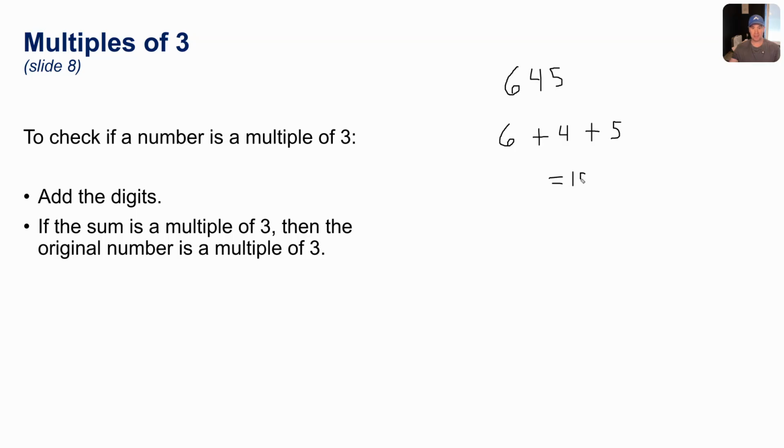Now 15 is much easier to determine. Is this a multiple of 3? So 15 is in fact a multiple of 3, right? 3, 6, 9, 12, 15. 3 times 5 is 15. So because 15 is a multiple of 3, this also makes, due to this test, 645 a multiple of 3.